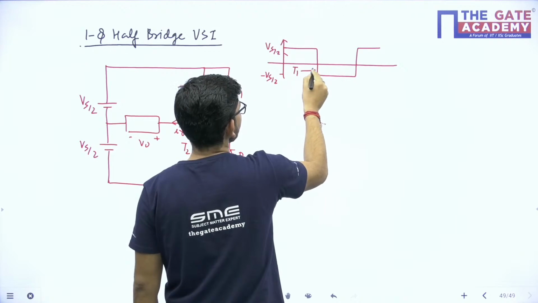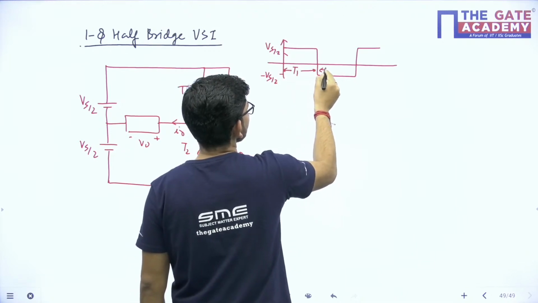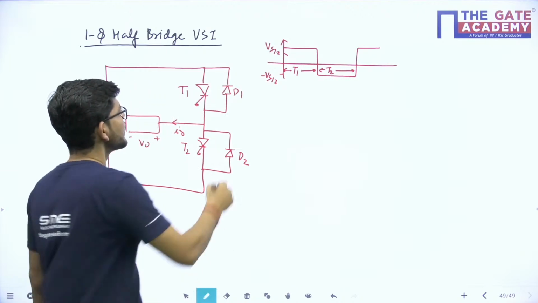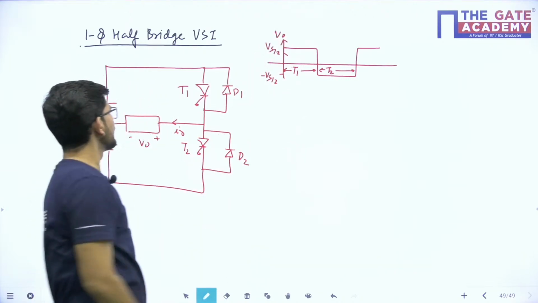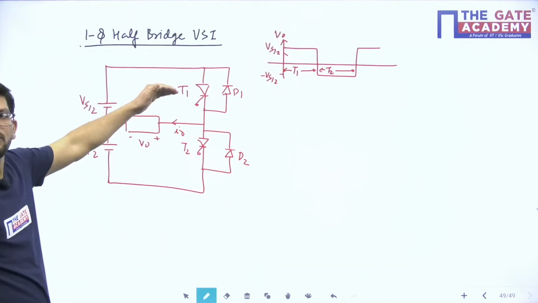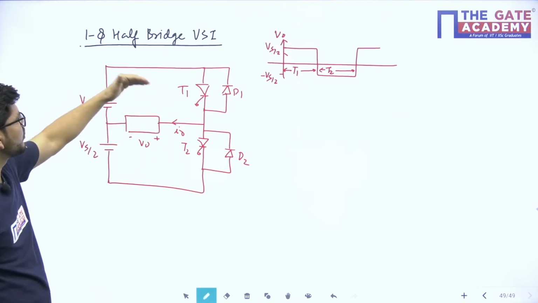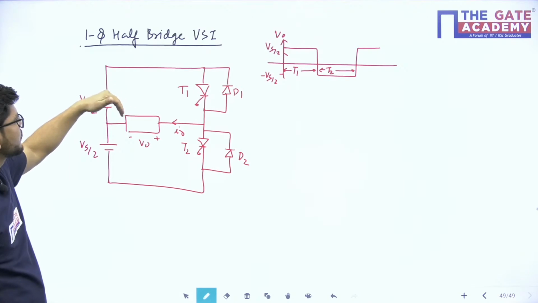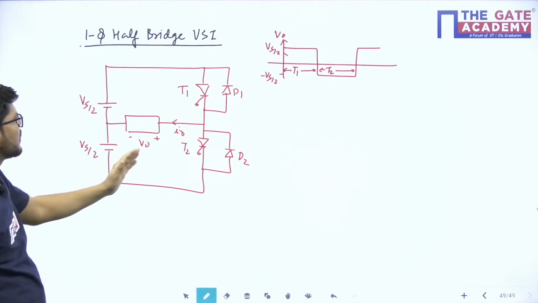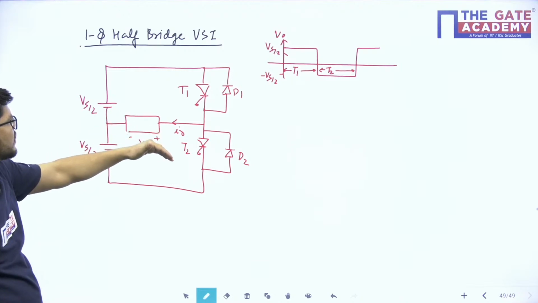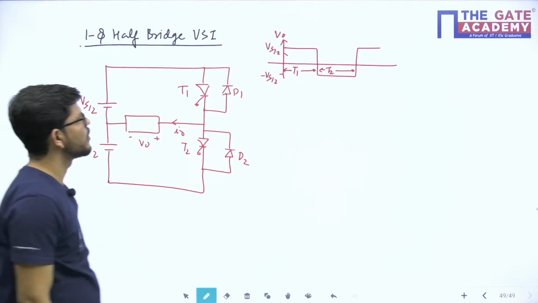This is when T1 is on and this is when T2 is on. We will trigger both these thyristors one by one. When T1 is on, my output voltage will be Vs by 2, and when T2 is on, my output voltage will be minus Vs by 2.